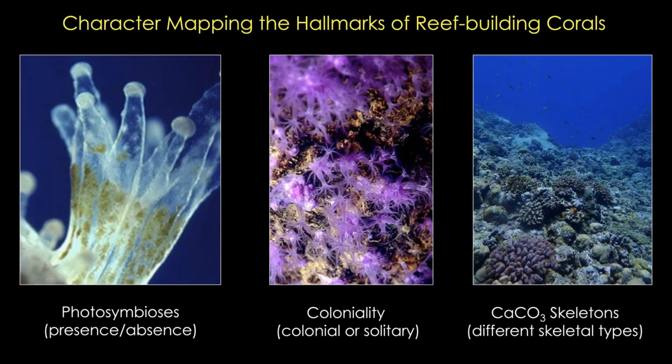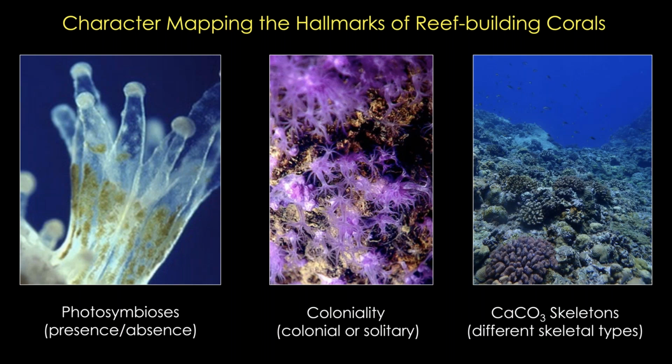We then used ancestral state reconstruction or stochastic character mapping to map a few of the traits that are really the hallmarks of reef building corals, to determine when they arose in the past and look at patterns of loss and gain within these different traits. So we mapped the presence or absence of the photosymbionts, whether a particular species was colonial or solitary, and then we looked at different skeletal types.